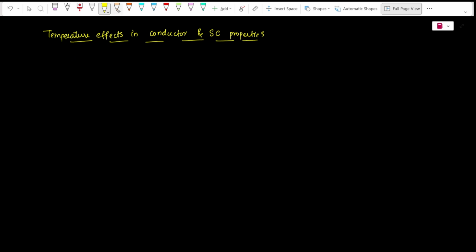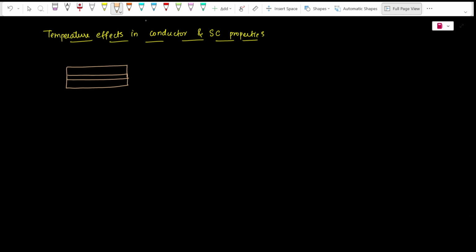So in the previous videos we have seen that in the case of a conductor we have the valence band and the conduction band overlapping with each other, right?